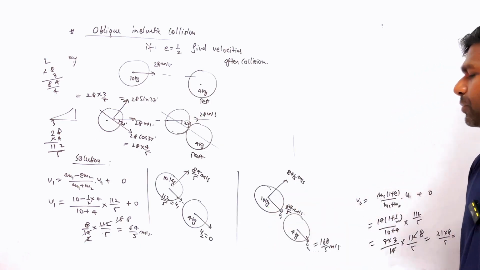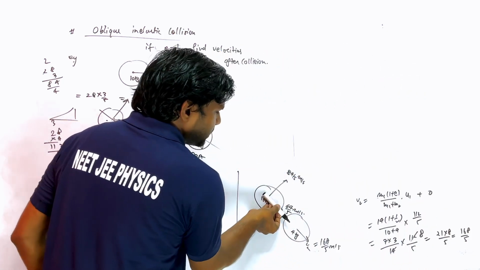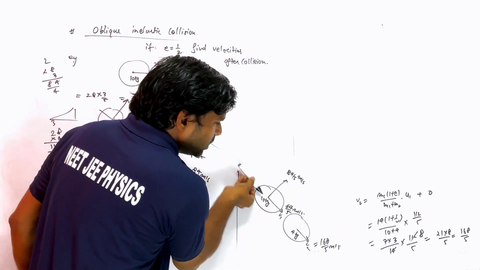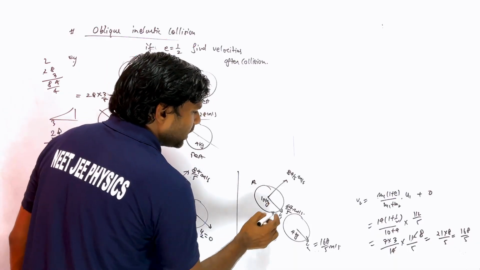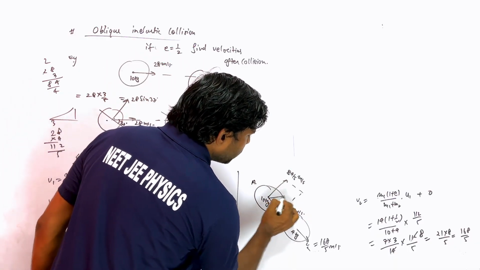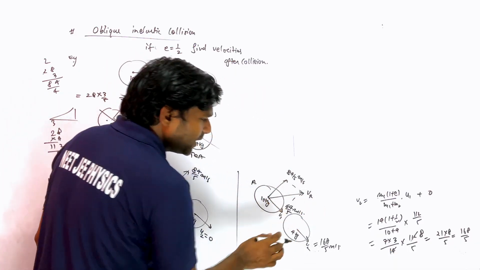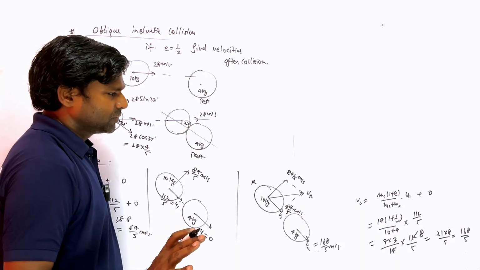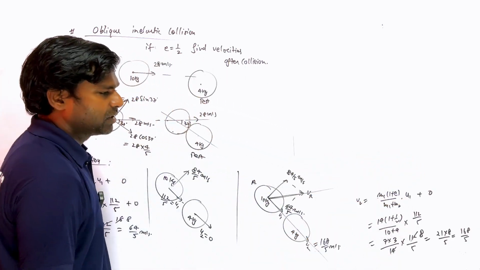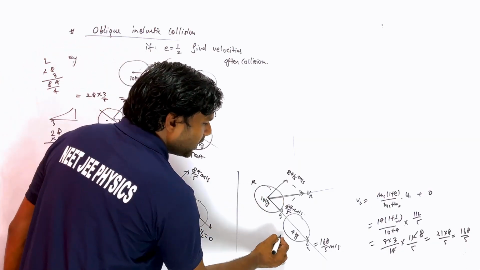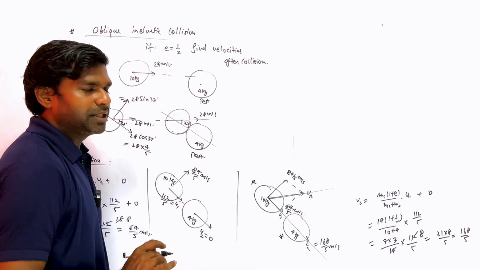Listen to one more thing. These are the components after collision. So only this component changes. If you consider, ball A will move at some angle, not at 90 degrees always, right? It is moving in this way and it is moving in this way. So the angle between ball A and ball B will not be 90 degrees this time.